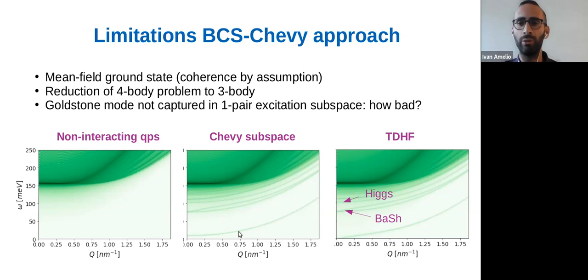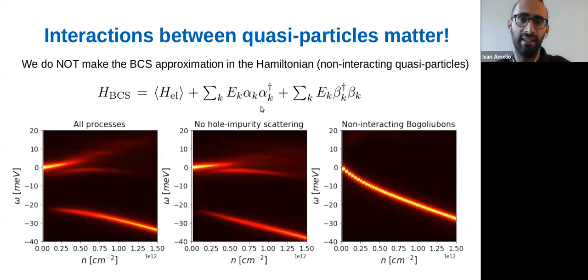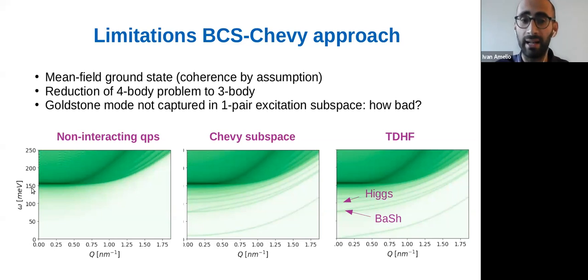So at least at low density, our results are in this respect exact. Okay, so by the way, also notice this left panel. This is what happens if you consider just the BCS Hamiltonian. So you just get basically the two-particle continuum.